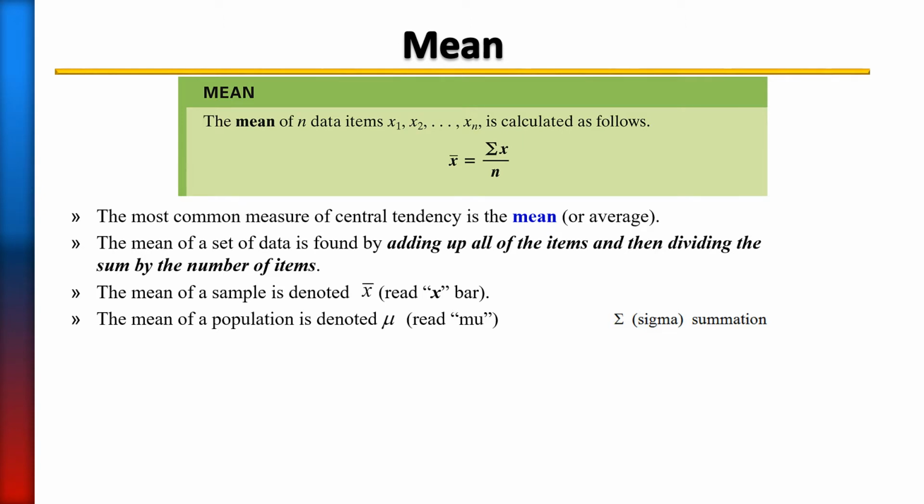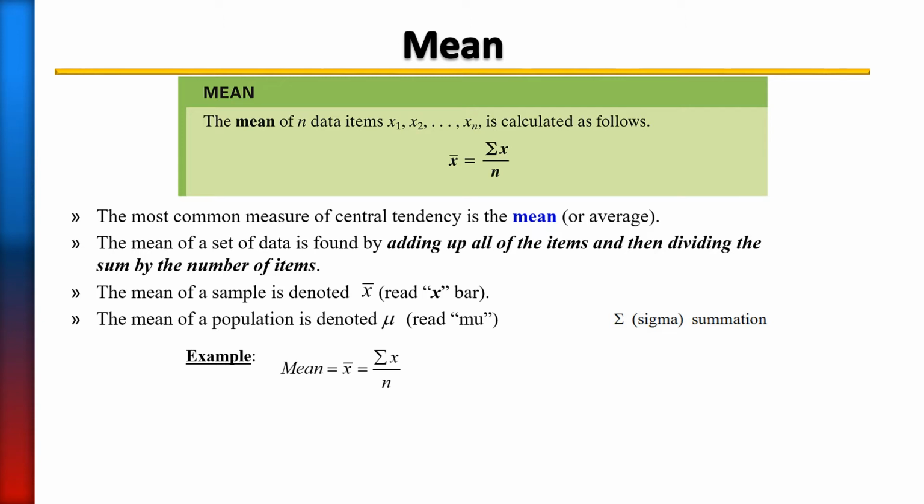In this lesson, the data sets will be considered samples, so we're going to use the sample mean formula, which is x bar. Recall, x bar equals the summation of x over n.